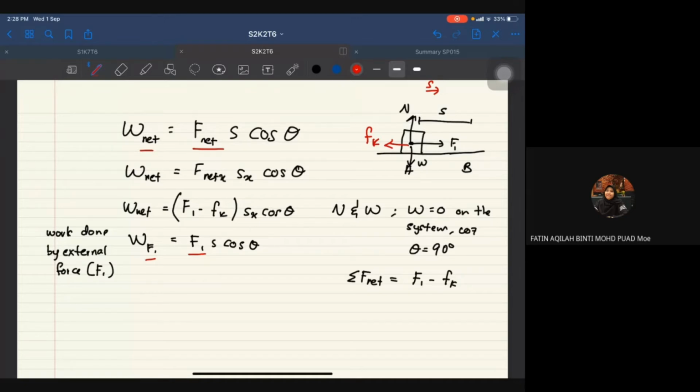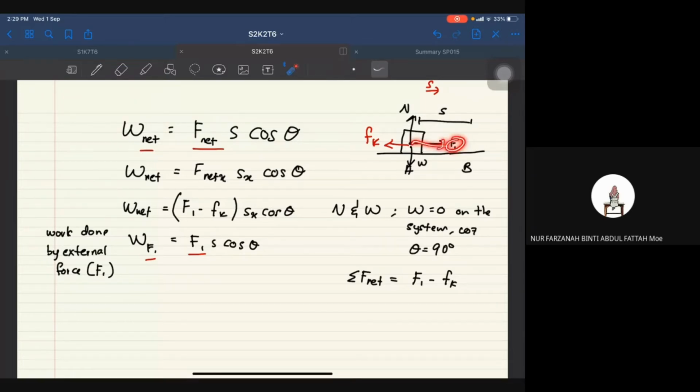In this case, theta dia sama dengan berapa? 90. Okay. Dia punya force F1 tu ke mana? Direction dia? Ke kanan.